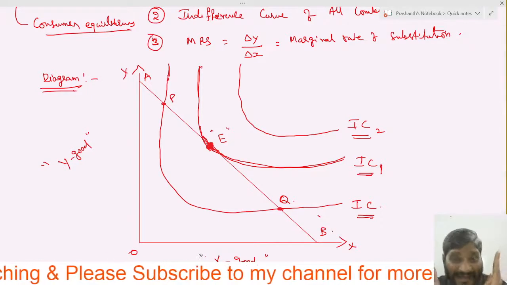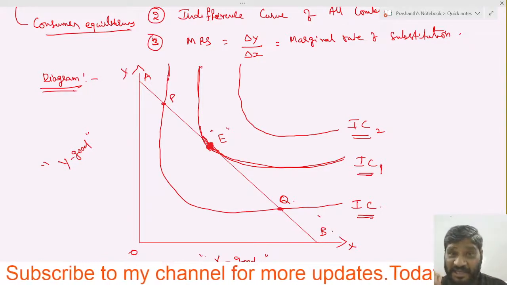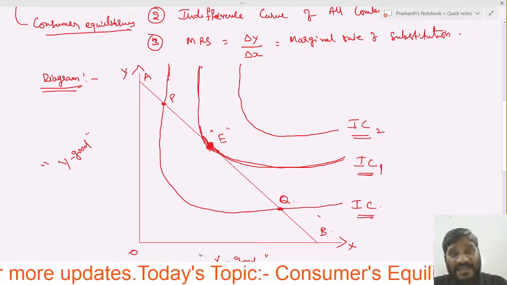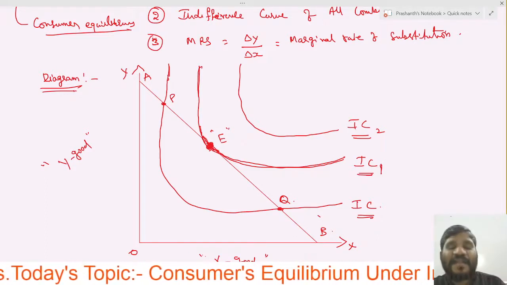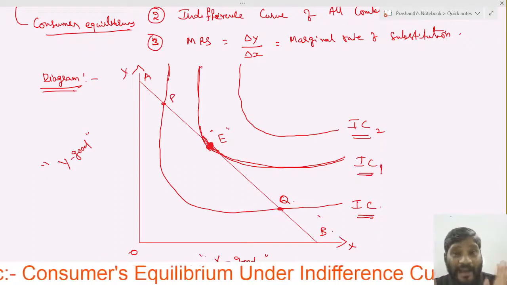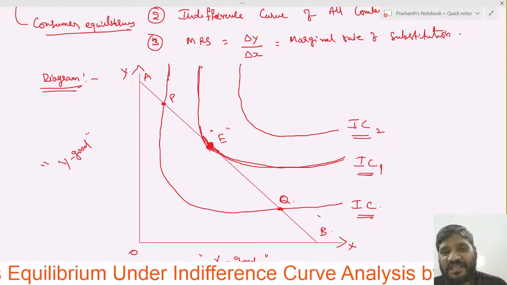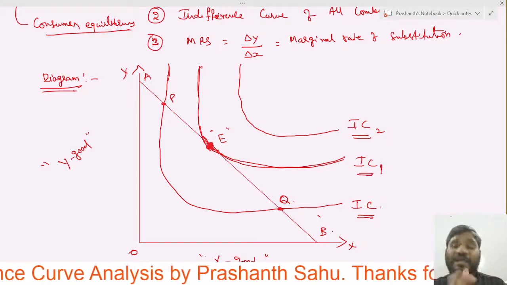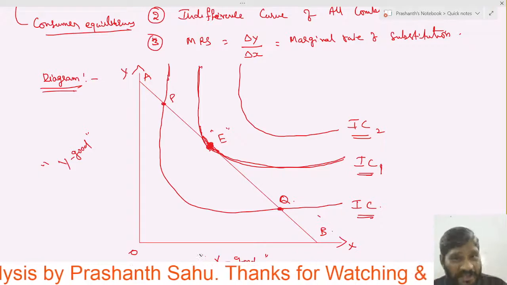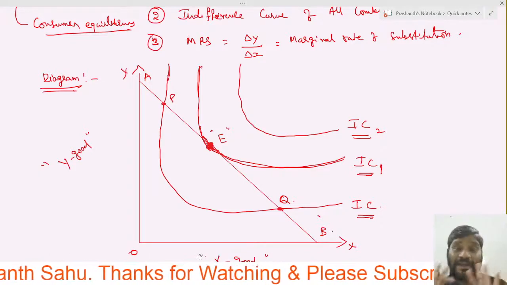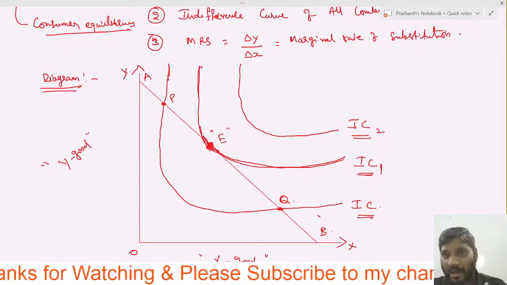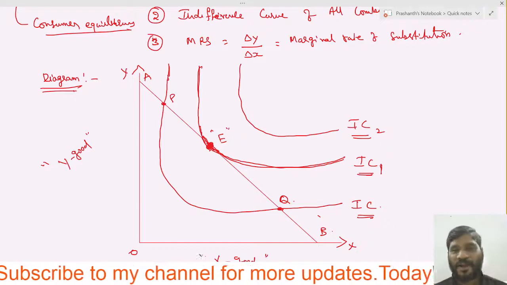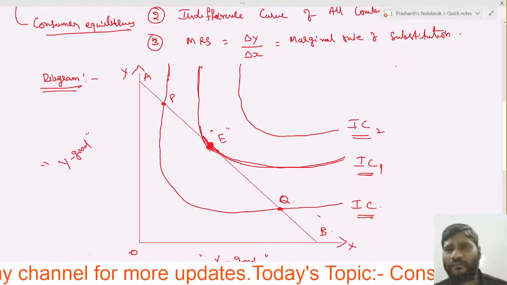If the IC curve intersects the budget line, it means he has more money and can go to the next combination. If the IC curve touches the budget line, it means full satisfaction, equal satisfaction. If the IC curve is not touched, not intersected also, then the consumer has no money. Just these three simple rules we have to remember.